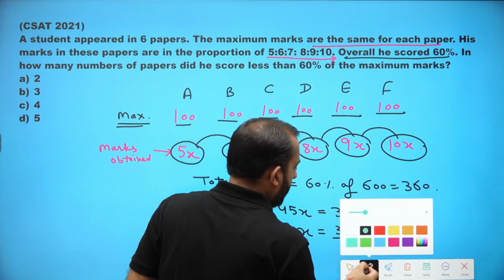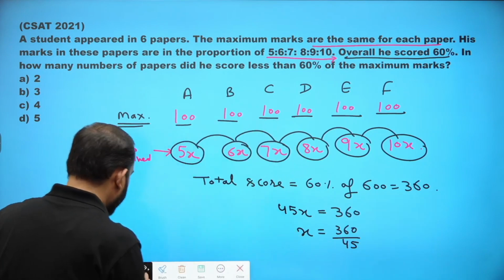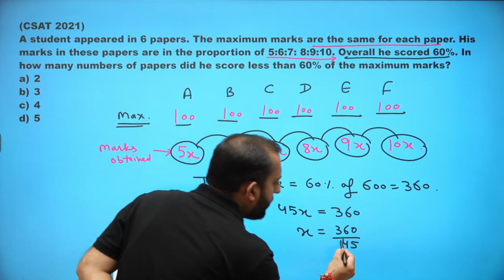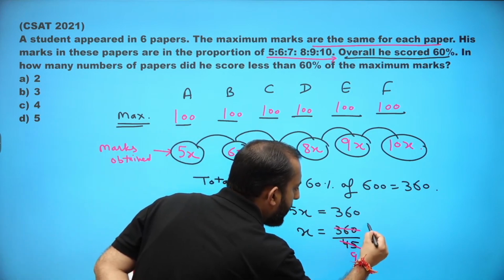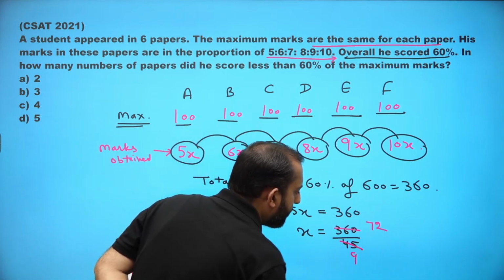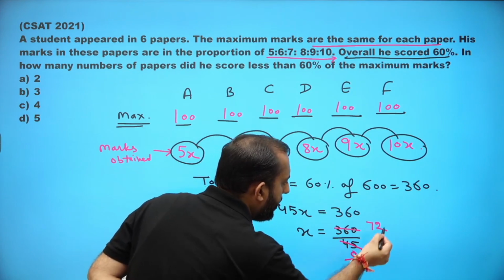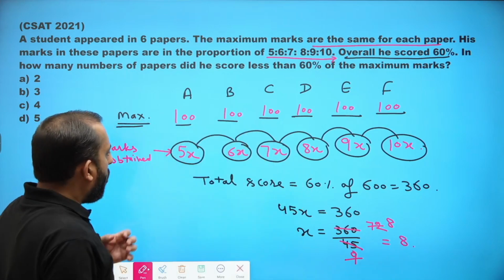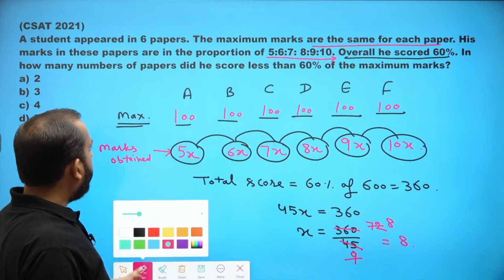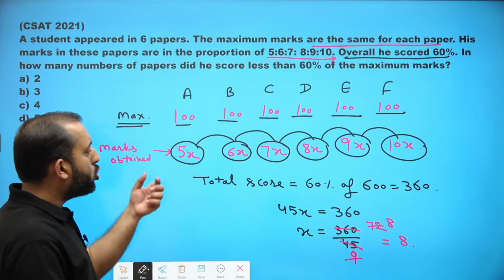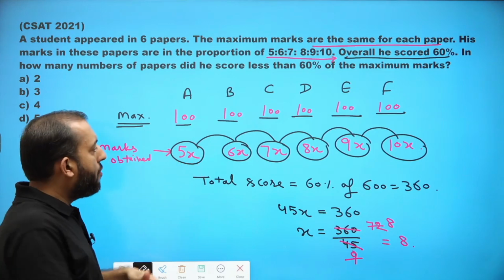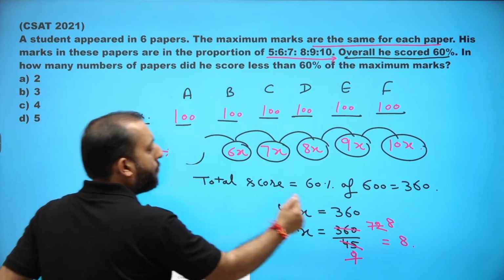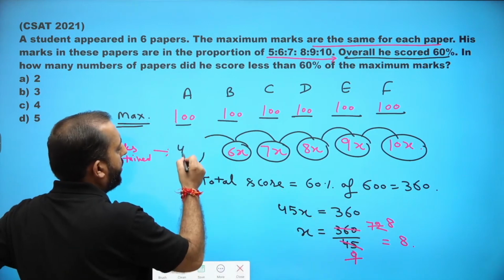Now, let's solve this further. 5 9s are 45, 5 7s are 35, 5 2s are 10, 9 8s are 72. So value of x comes out to be equal to 8. So now I can say in paper A, his marks should be 5x, meaning 5 into 8, which is 40.